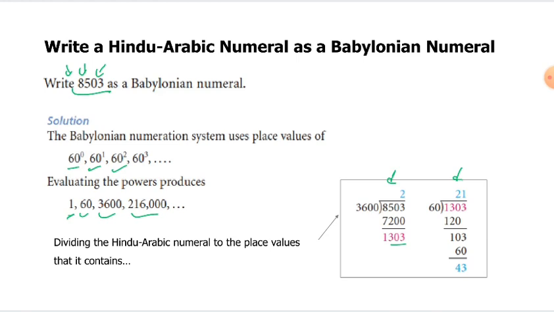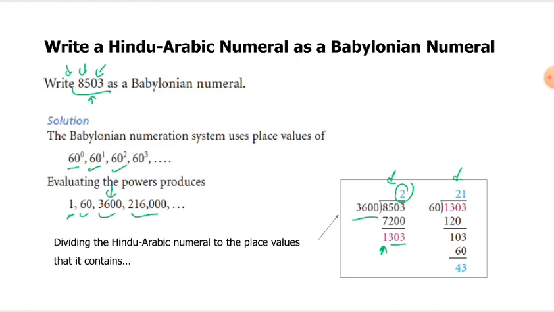So looking at 8,503, the largest place value that we can use as a divisor is 3,600. And we saw that there are only two 3,600s that can be contained in 8,503. We also have a remainder. If we are still getting a remainder, that means that we have to keep on dividing.